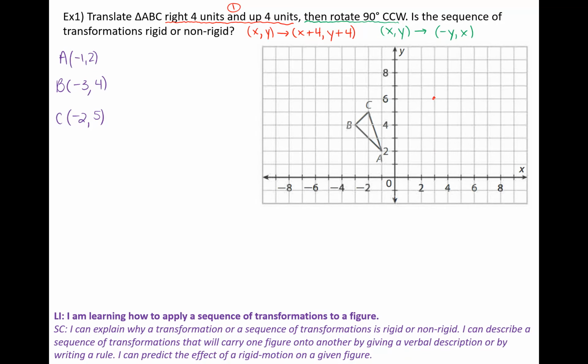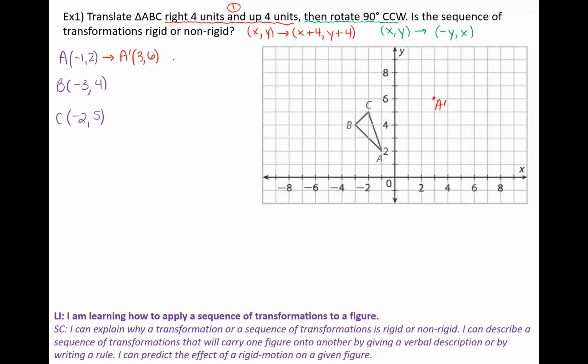So my A prime would be here. Before I do the others, I am going to write down my new value for A prime. Right 4, up 4, I am now at (3, 6).